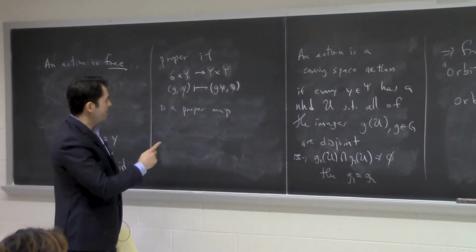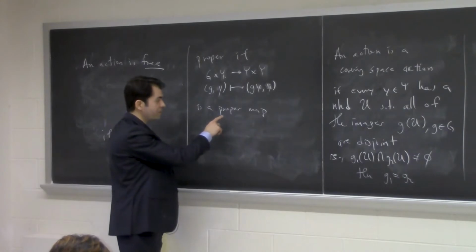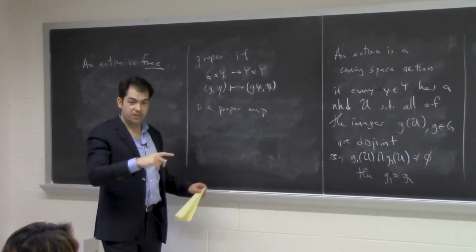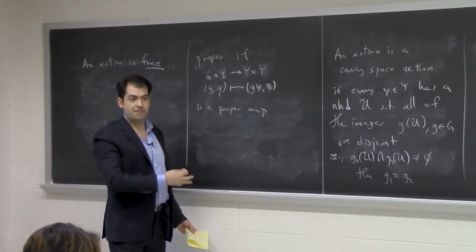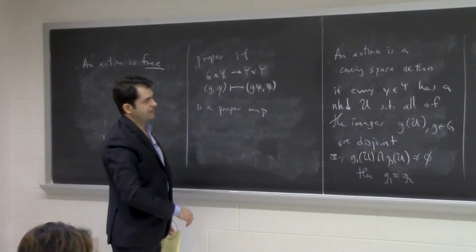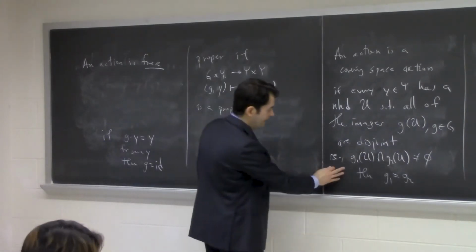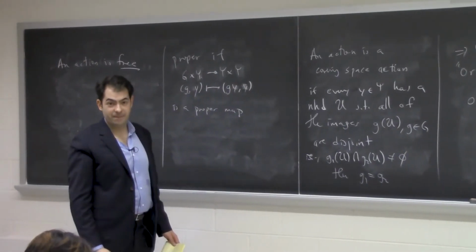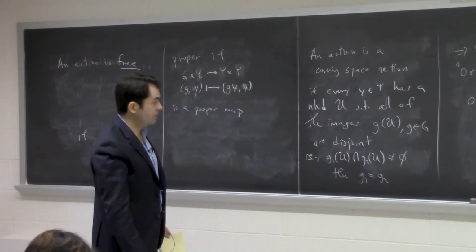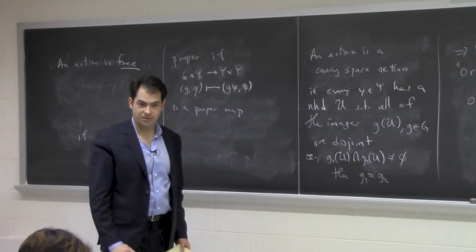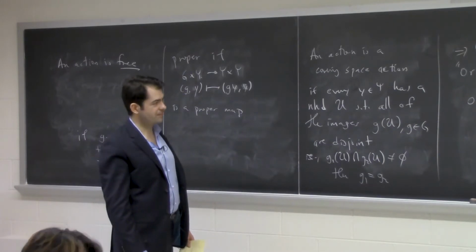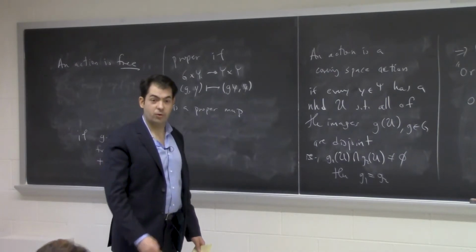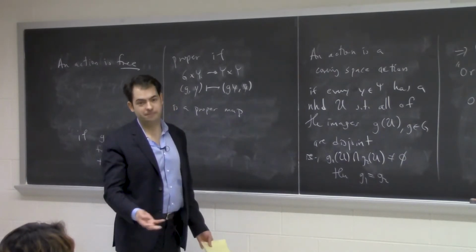I think the name comes from you're asking for a proper action, but you're thinking of the group as being discontinuous, so having the discrete topology. Much better, as in Hatcher, to talk about covering space actions. Deck transformations would be a covering space action. That's right, we will see in a few seconds that that's true. And in fact, we'll see conversely that if you have a covering space action, you can construct a covering space.